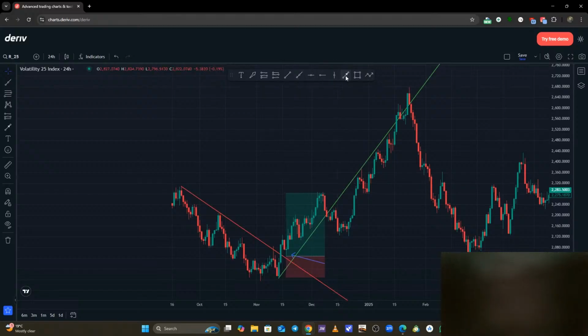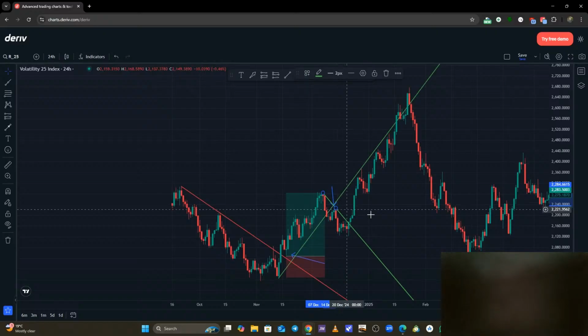Then another clean retest at this level. Then you come with your ray tool again. Then you draw the downtrend here. Let's say you entered for a sell at this specific level. You exit the market at this level because the upward trend line has been broken again.